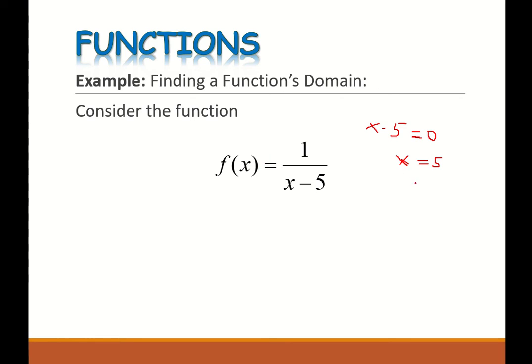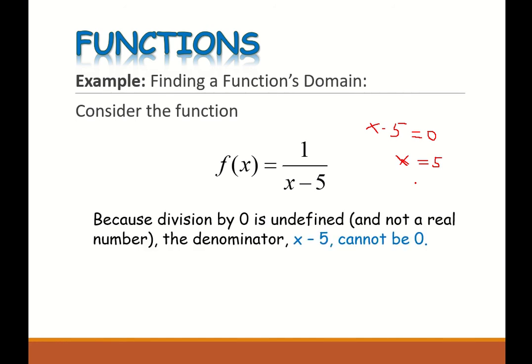Okay, so how will you write the domain? Before going to that, because division by 0 is undefined and not a real number, the denominator x minus 5 cannot be 0.